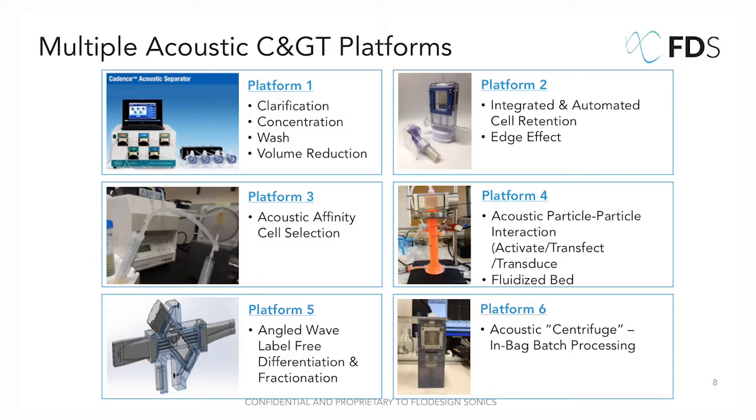So there's a couple of images on this slide about the prototypes that are in existence at the moment. Up here we have the concentrate wash device in the early form, where the Cadence system, which Pall have licensed from FDS, is used for the production of mAbs. They do clarification and concentration of their mAb product with acoustics at a development system of 10 to 50 litres, but in production up to 1,000 litre bioreactor.